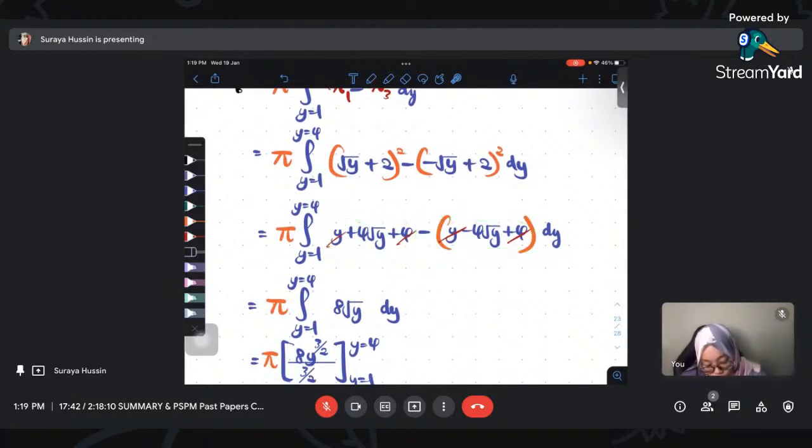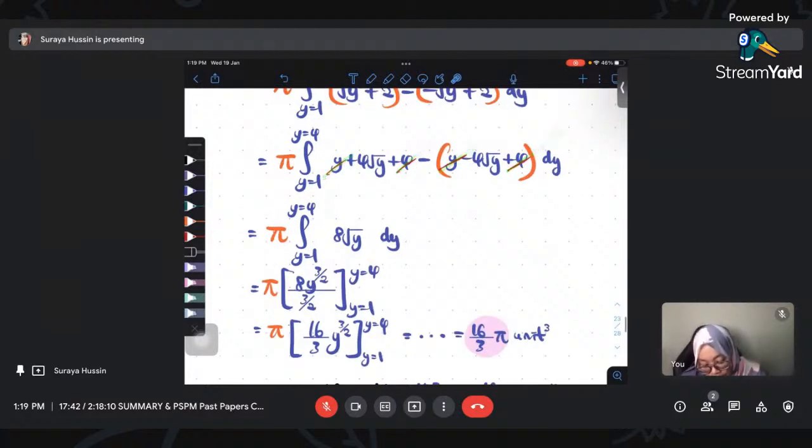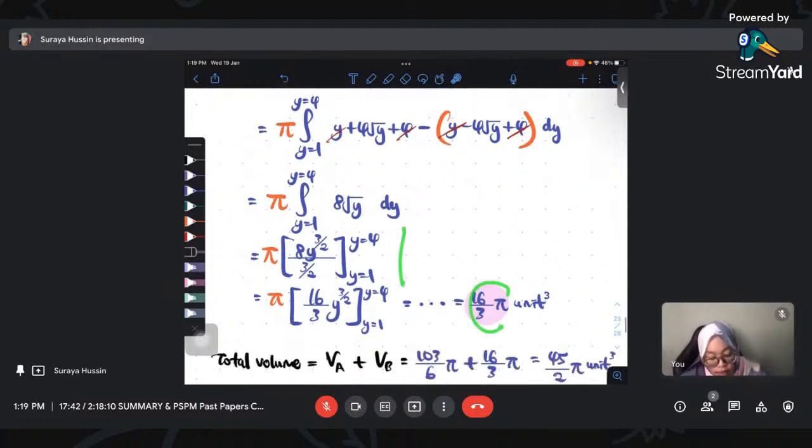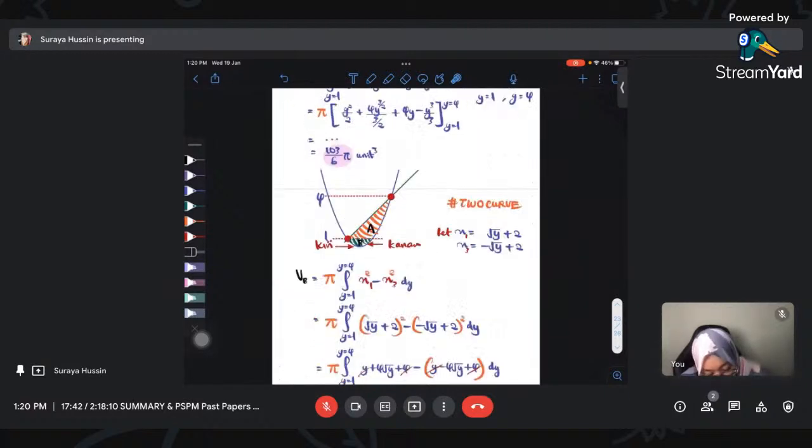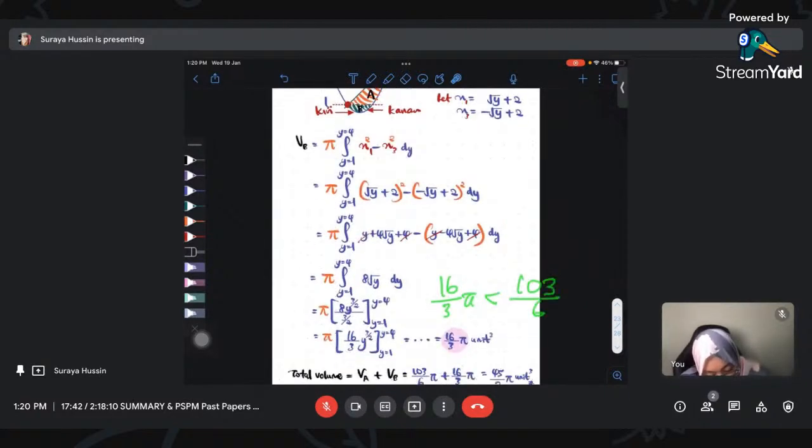Lepas tu kamu perasan, Y tolak Y, 4 minus 4 is 0, and then tinggallah 8 square root Y. Dari situ solve it until you got another area. So you kena faham lah, area B mesti lagi kecil daripada area A. So logic tak? 16 per 3 pi is smaller than 103 over 6 pi.